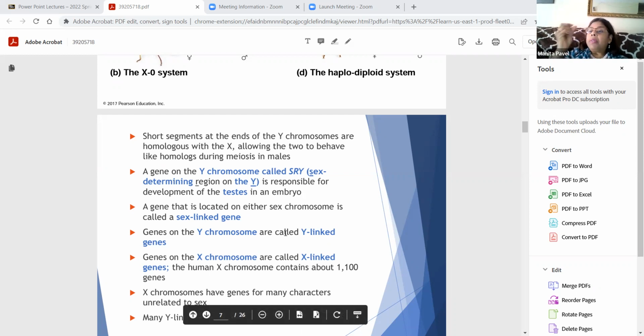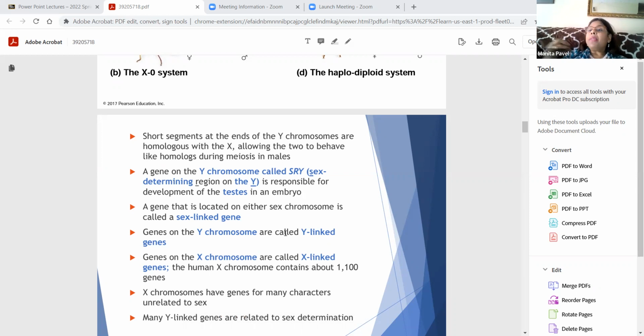Now, because of the genes that are present on the Y chromosome, those genes are referred to as SRY genes, SRY, which stands for sex-determining region on the Y chromosome, which is responsible for the development of testes in an embryo in males.